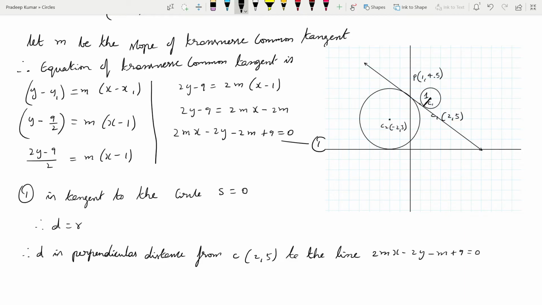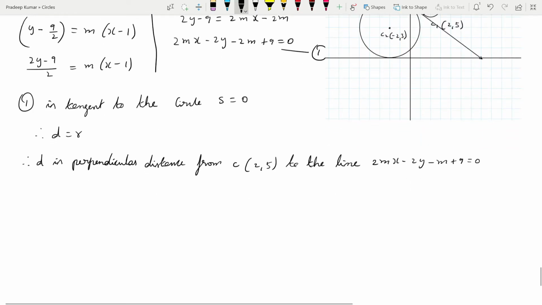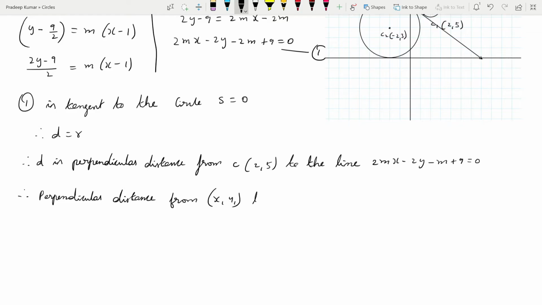Alright, so let's find out the perpendicular distance by using the formula, that is, from the center to the line for the circle. So this is the formula we'll use. I can write this as the perpendicular distance from (x1, y1) to the line.